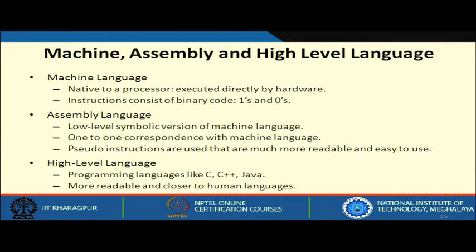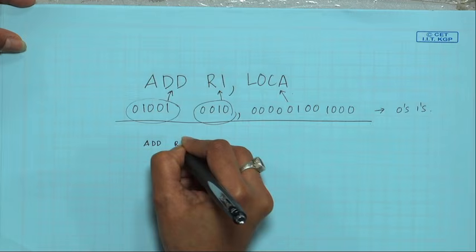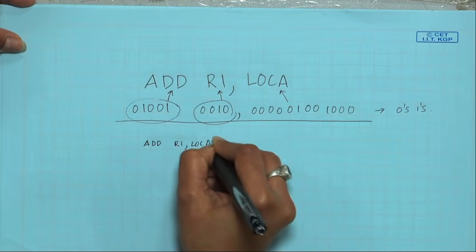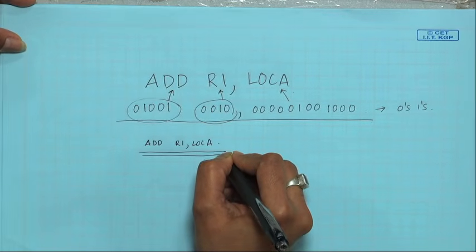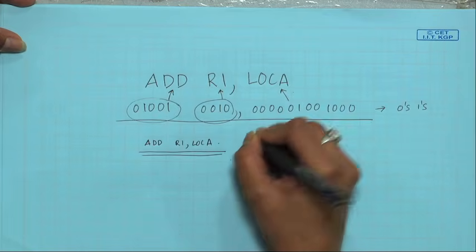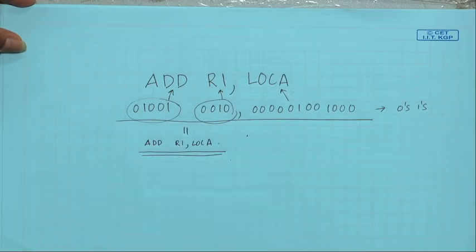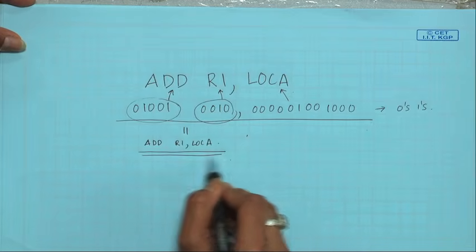Next is assembly language. It is also a low level symbolic version of machine language. Now, instead of this, I write it symbolically, that is add R1 comma LOCA. This is a symbolic representation of the same instruction, both are equivalent, but instead of writing zeros and ones, I am writing it with some mnemonics.